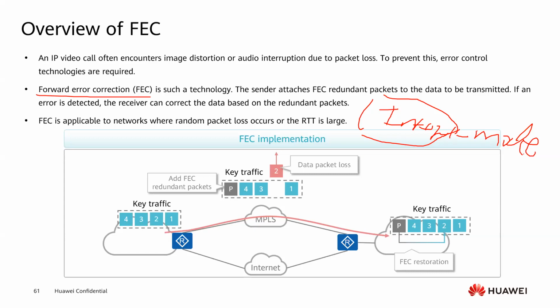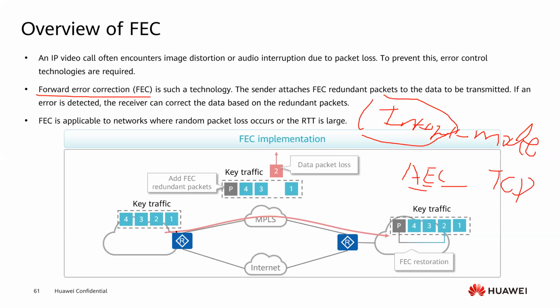They basically have two ways. One is called AEC, which is a head error correction, so basically it is TCP.